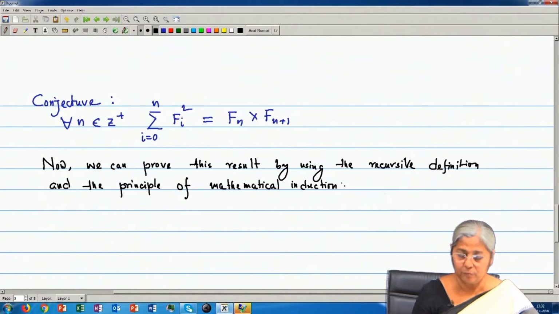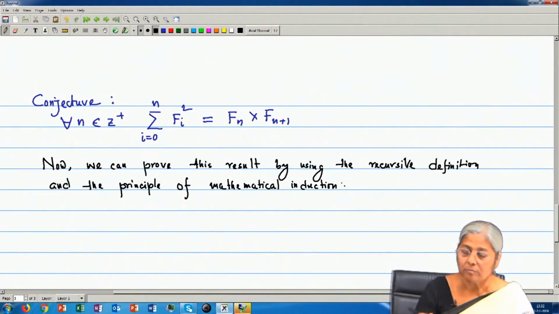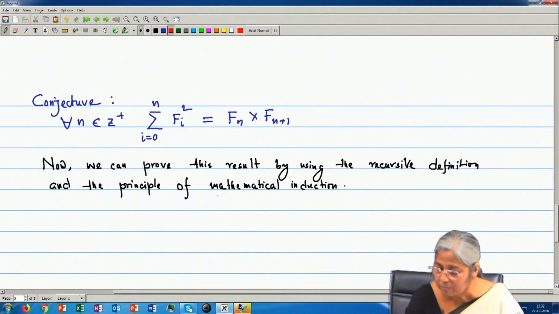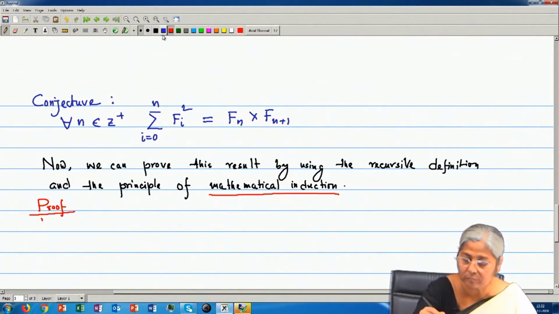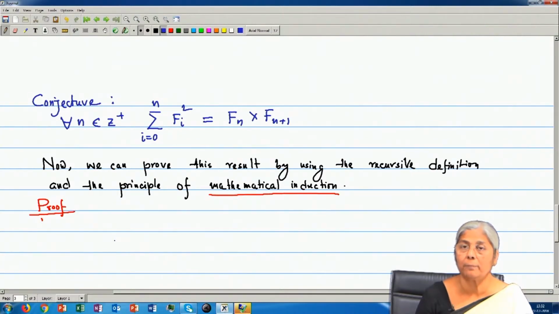Now, how we can prove that? So, we will be using mathematical induction. First, as we want to apply mathematical induction, we have to write the basis step.